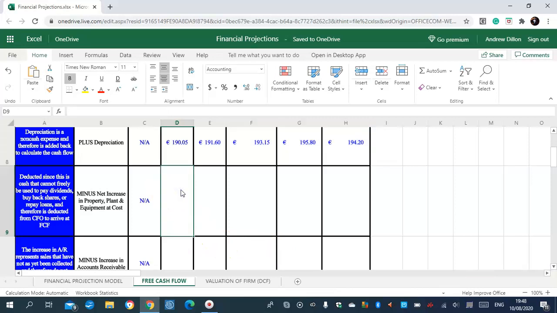Now, next heading, deducted, since this is cash that cannot freely be used to pay dividends, pay back shares, or repay loans, and therefore is deducted from CFO to arrive at FCF. This is called minus net increase in property, plant, and equipment at cost. Okay, let's do that now.